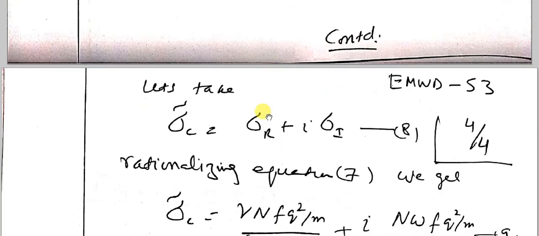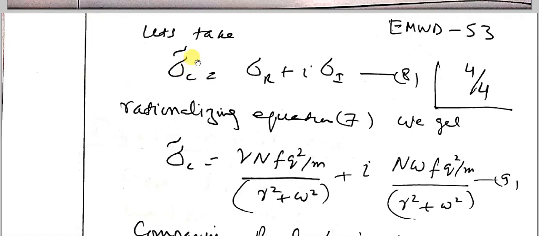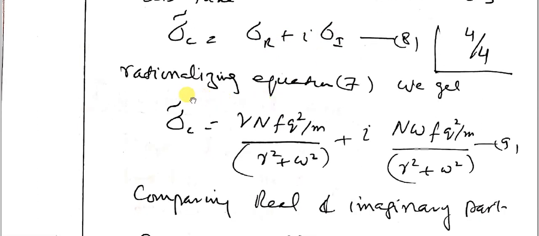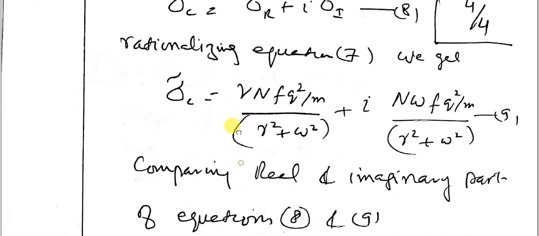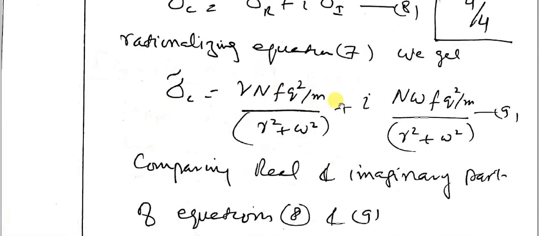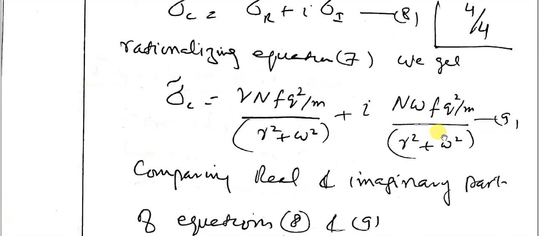Let us now take the complex conductivity as two parts, sigma r, r for real, plus i sigma i, the imaginary part. Rationalizing equation 7, we get sigma c as a real part and an imaginary part. This is equation number 9.